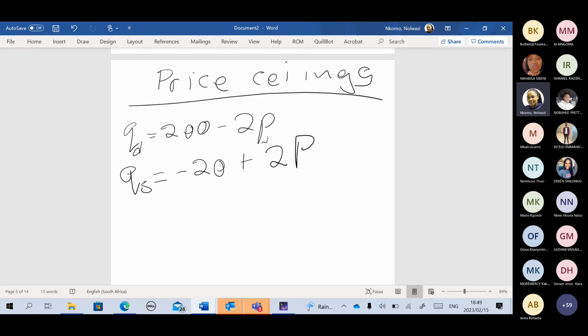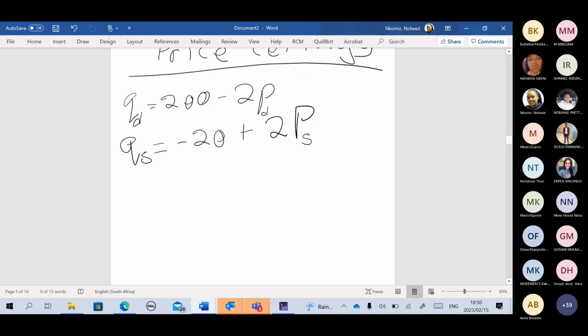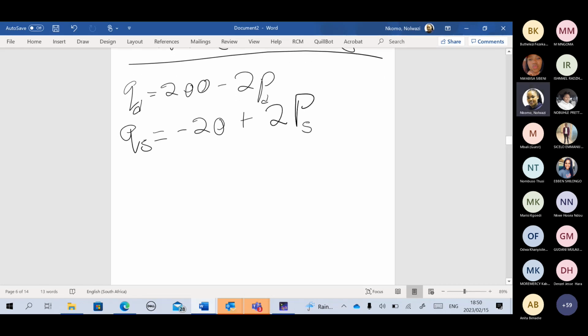This is D, this is S. If we equate these two, the quantity demanded to the quantity supplied, we will obtain the equilibrium price, right?